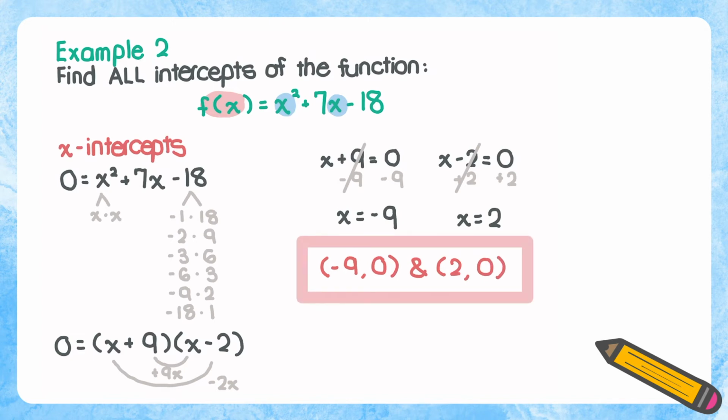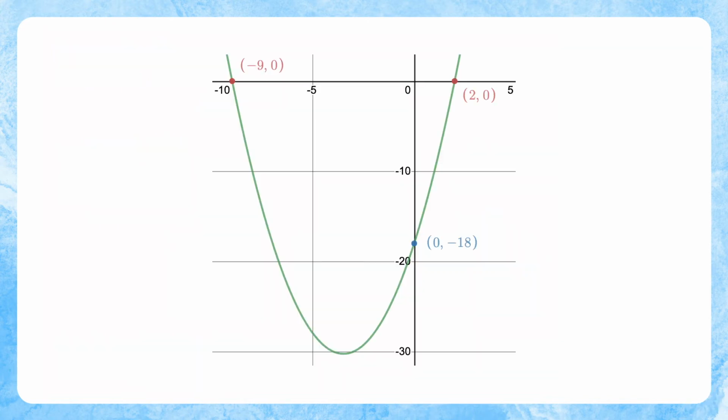So we were able to find these two x-intercepts by setting y equal to 0 and solving for x. Here's the graph. So we have our two x-intercepts at negative 9, 0 and at 2, 0. And then our y-intercept is at 0, negative 18.